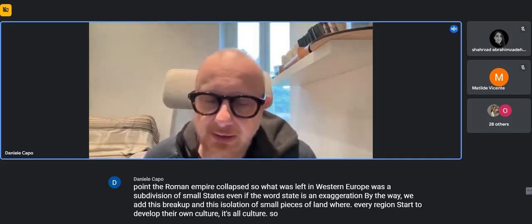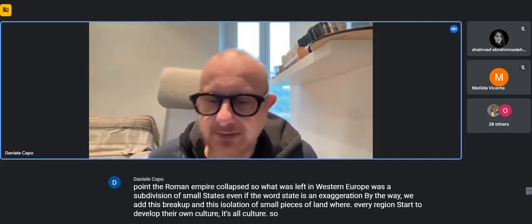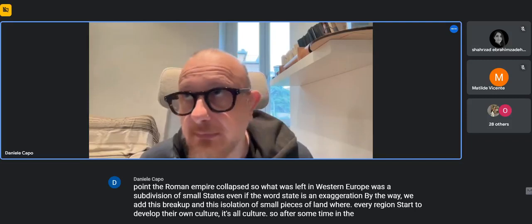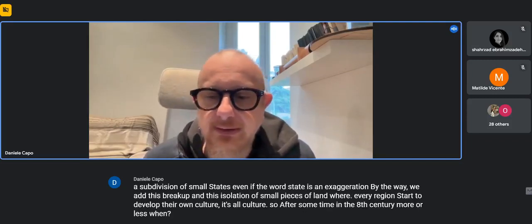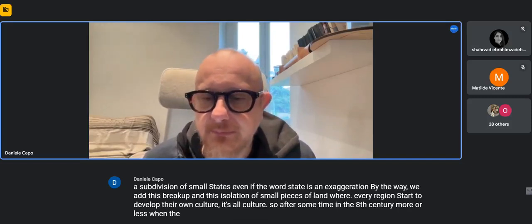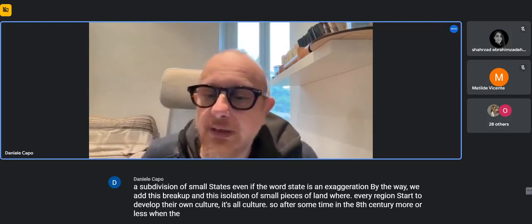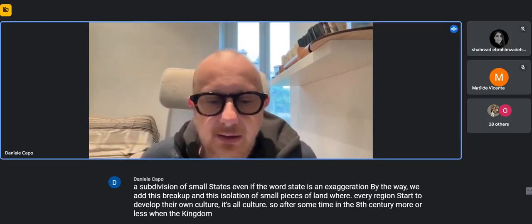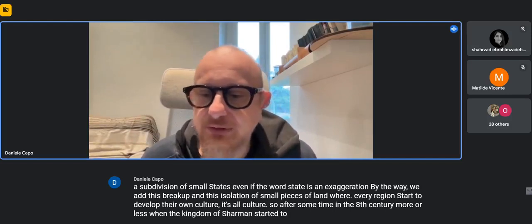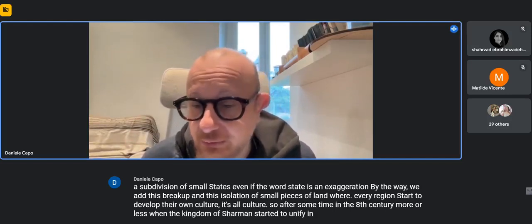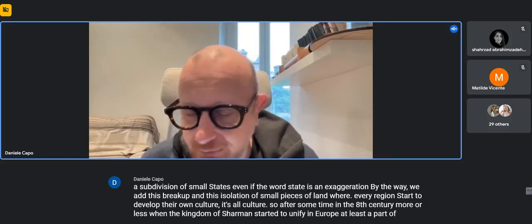So after some time, in the 8th century more or less, the kingdom of Charlemagne started to unify Europe again, at least a part of Europe.